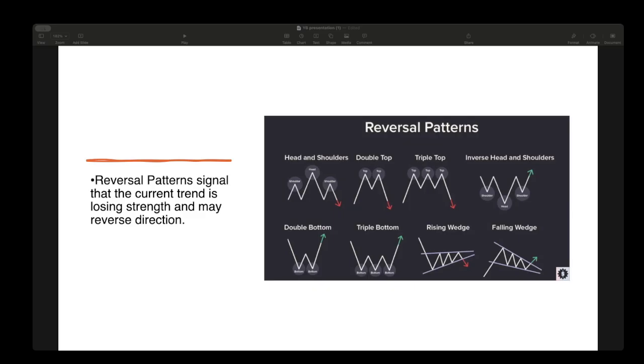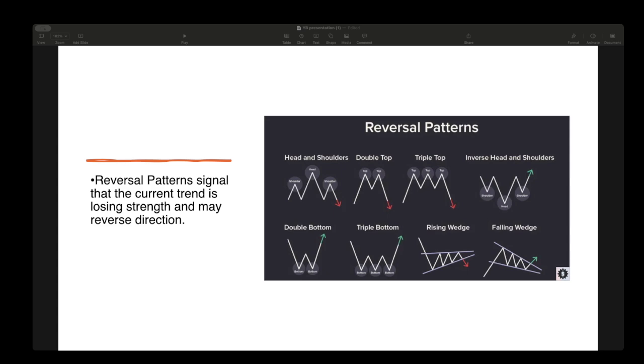That is incorrect, right? Instead, we want to use patterns to identify areas where the average retail participant could be getting interested in a chart, right? And we want to use patterns to also identify compression, right?